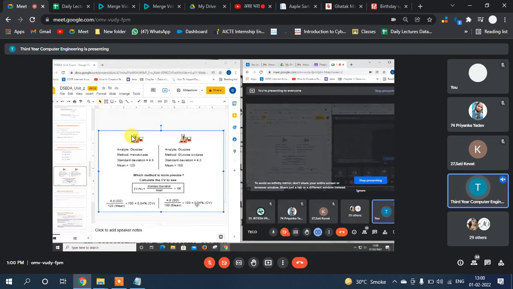So both methods give the same percentage, which means I can choose either method. If I select a mean value of 120 with standard deviation 4.8, that is also correct. If I select standard deviation 4.0 and mean value 100, I also get the same answer. So both methods are appropriate to use.